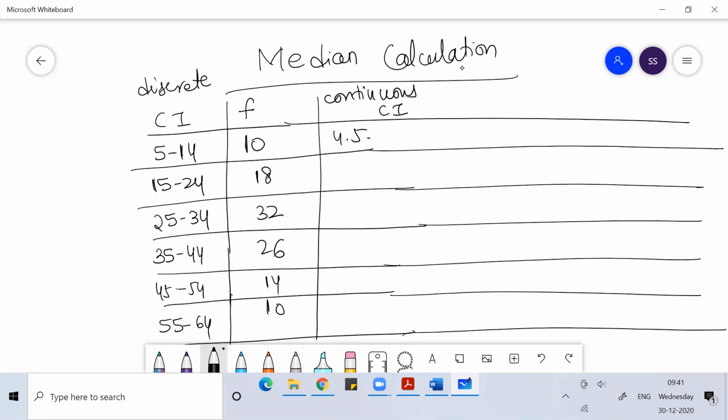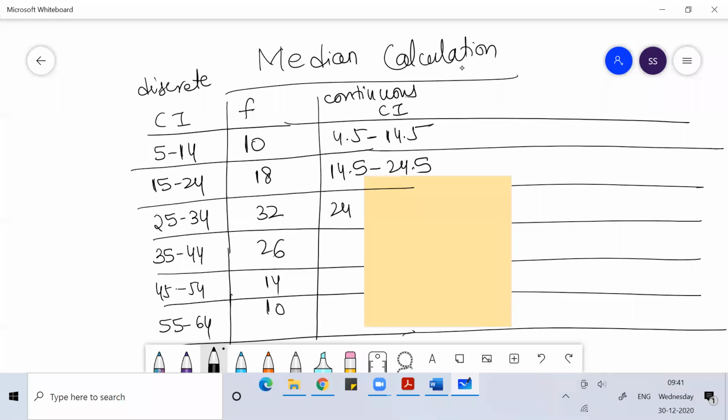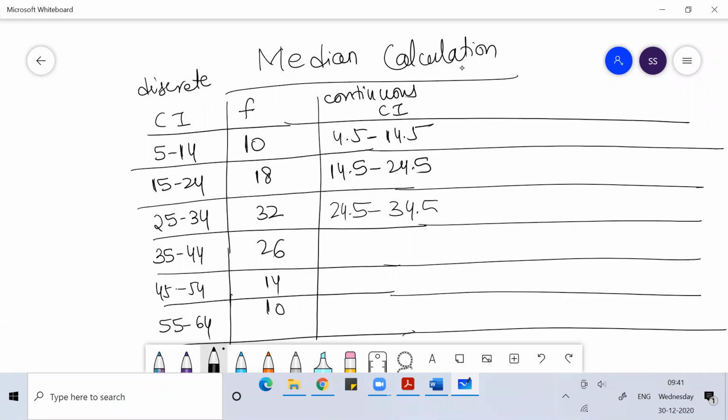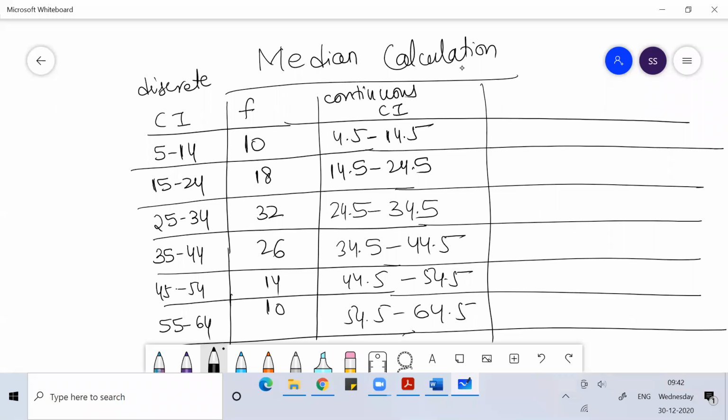So this becomes 4.5 to 14.5, 14.5 to 24.5, 24.5 to 34.5, then 34.5 to 44.5, then 44.5 to 54.5, and then 54.5 to 64.5. So this is your continuous class interval.